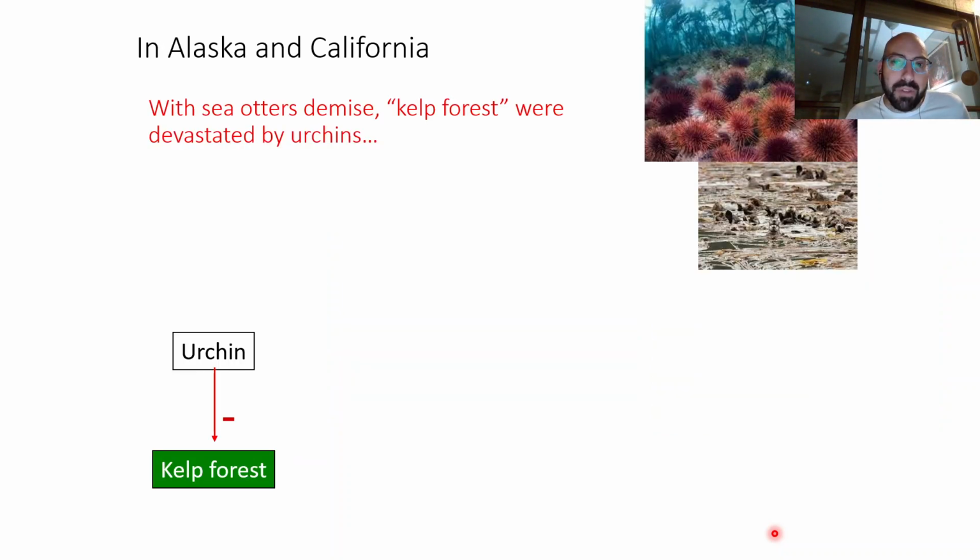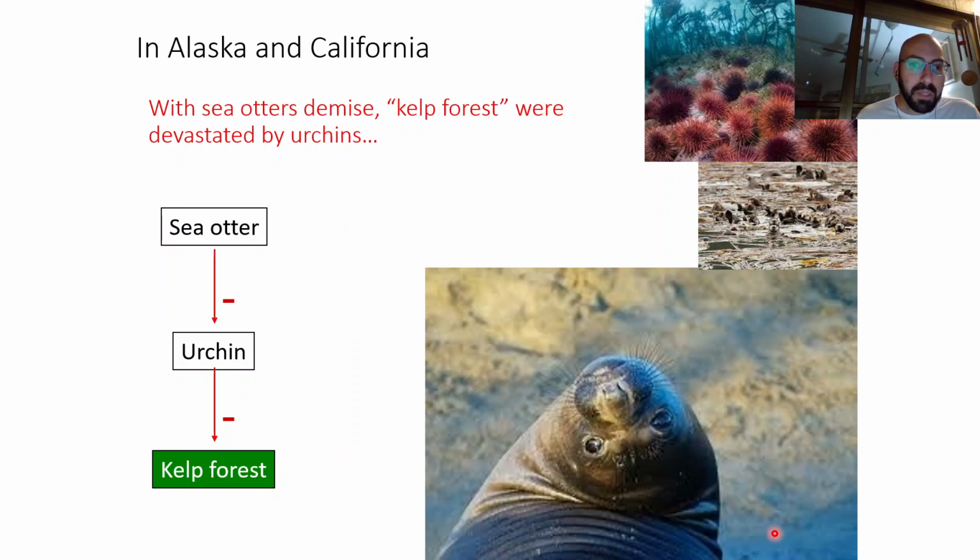Another example of a trophic cascade that is interesting, that has a positive effect: sea urchins. You've seen their skeletons in biodiversity. They eat kelp, and they bring down and collapse the kelp forest by overgrazing it. Sea otters, this is actually a seal, not a sea otter.